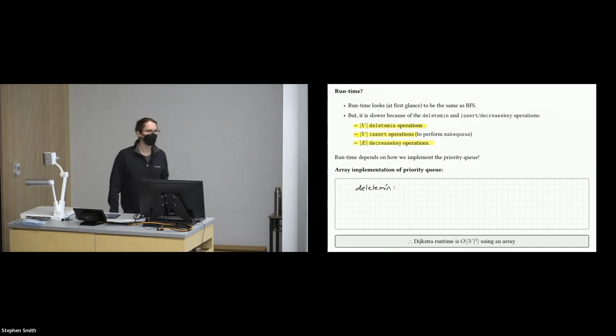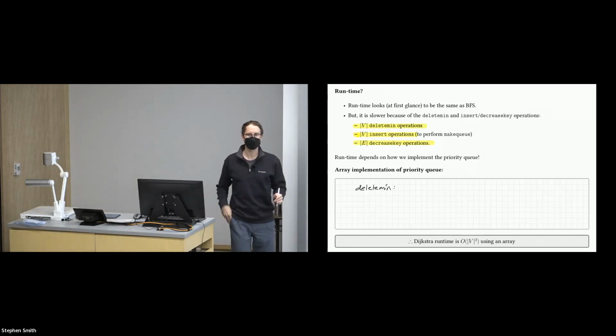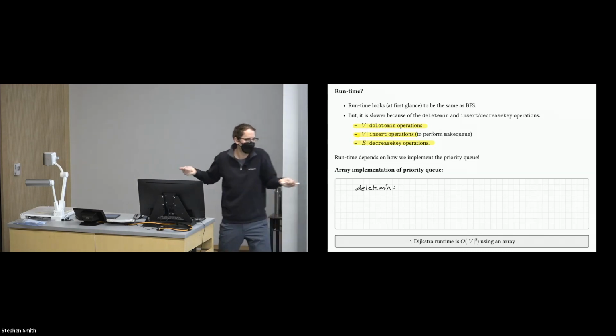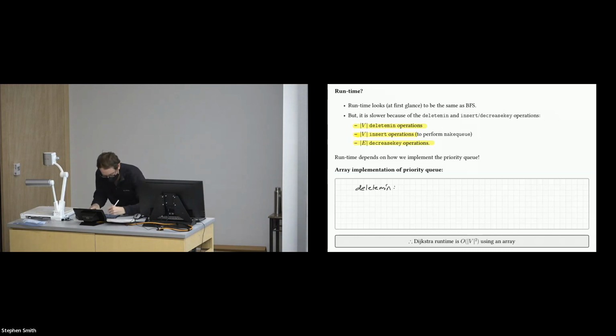What's it cost to find the minimum element in an array of length V? Order V, right? You just have to go and inspect each entry. It's not sorted or anything. You just have to inspect each entry and find the minimum. So delete min, if we use an array, will be a big O of V operation.